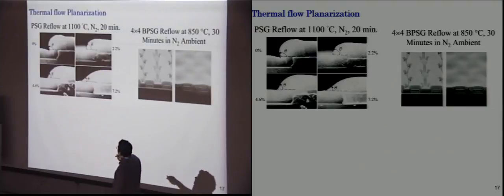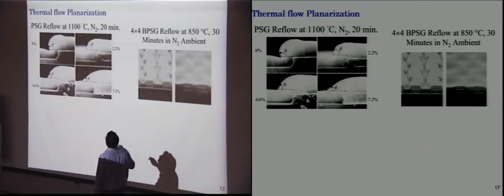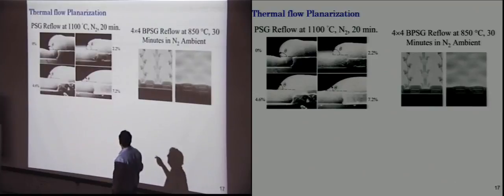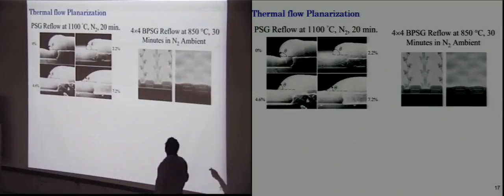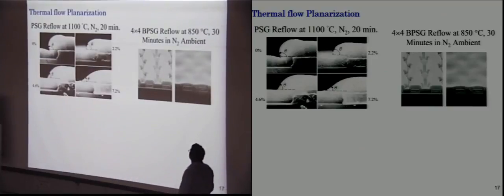Okay, so you have 0%, 2.2, 4.6, 7.2 as the concentration of the phosphorus inside the SiO2, and as you increase the concentration of the phosphorus for the same amount of temperature and time, you have more planarity being induced. Okay, over here is a more dramatic image where you have boron and phosphorus doped silica glass.